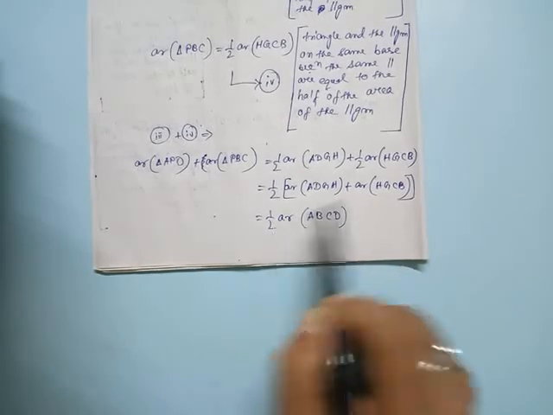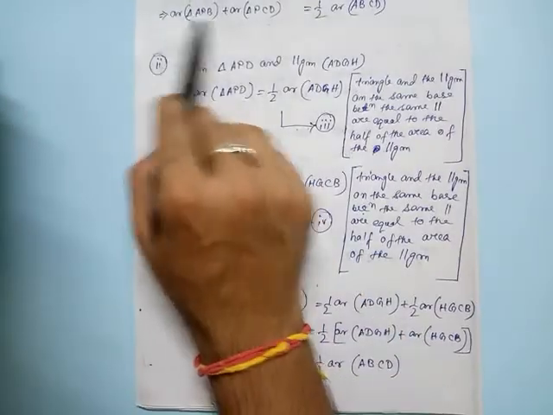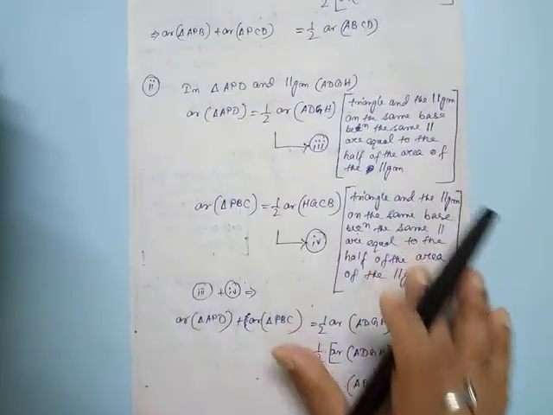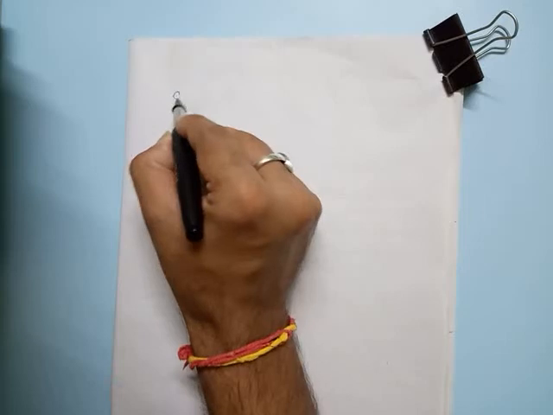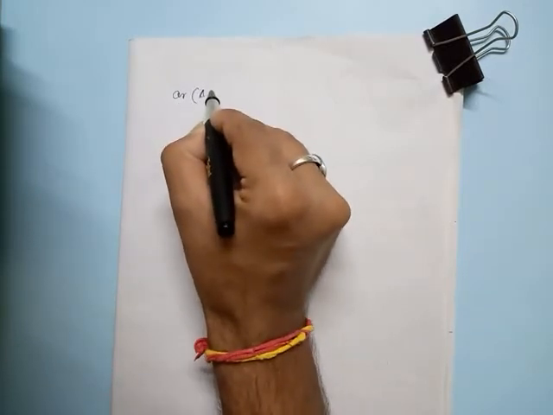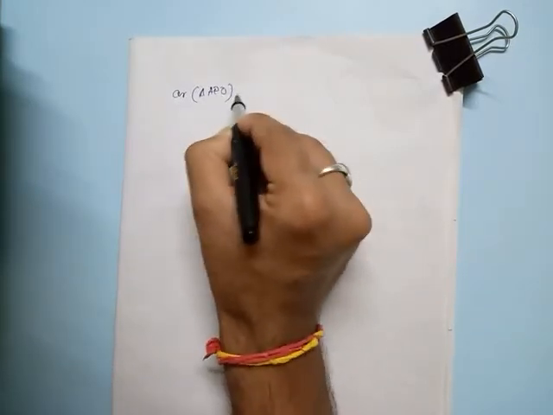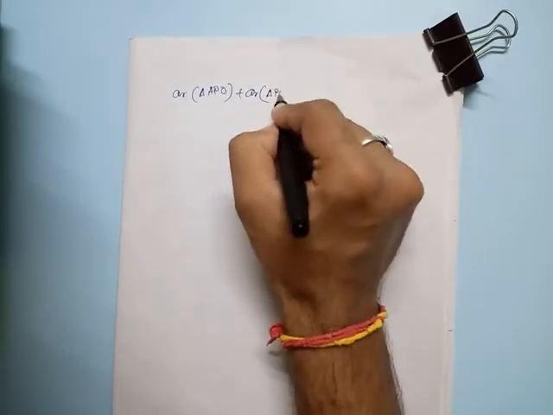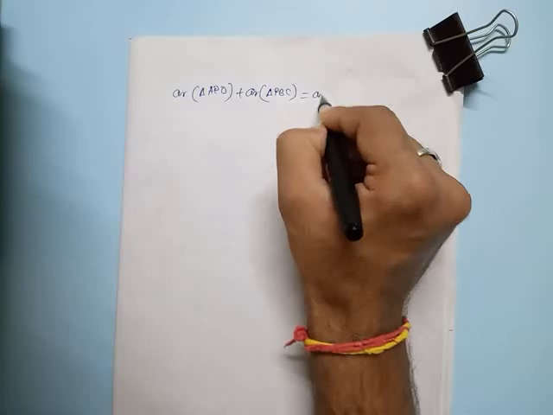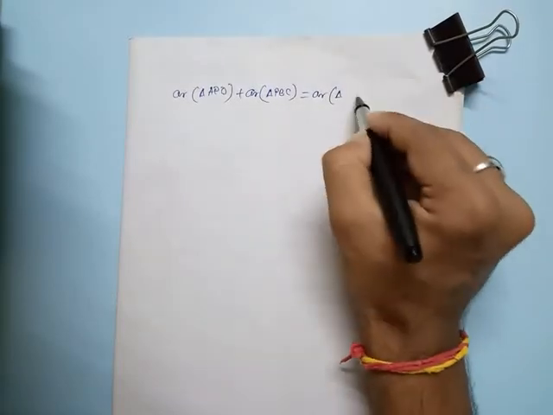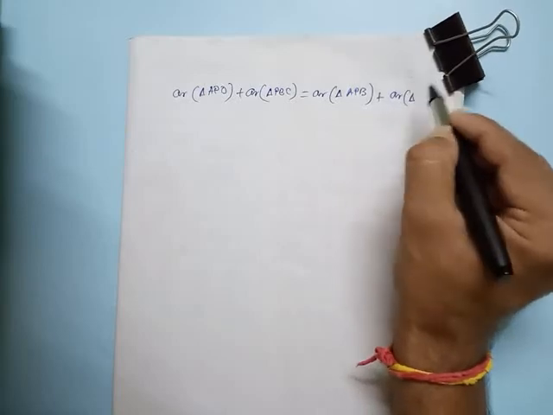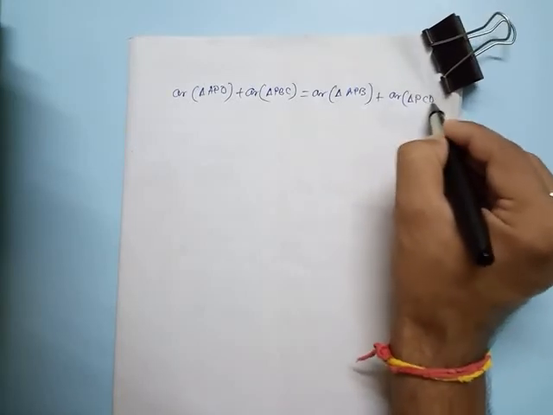So in place of half area ABCD, I will write this one, area triangle APB plus area triangle PCD. So we will write here now area triangle APD plus area triangle PBC equal area triangle APB plus area triangle PCD.